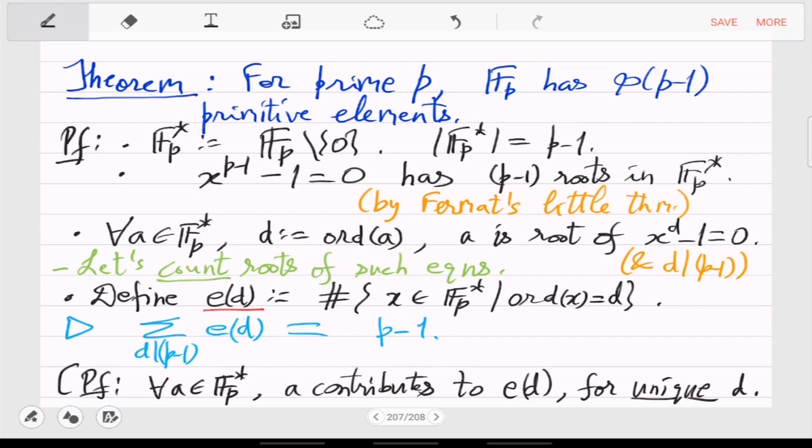It is being counted exactly at the place where D is the order of 2. Only that E of D for 2 is counted, it cannot be counted in any other E_D prime.